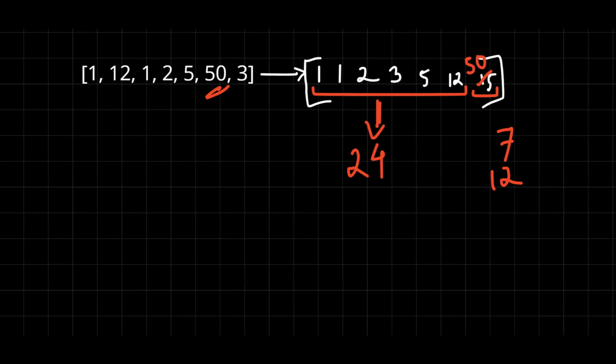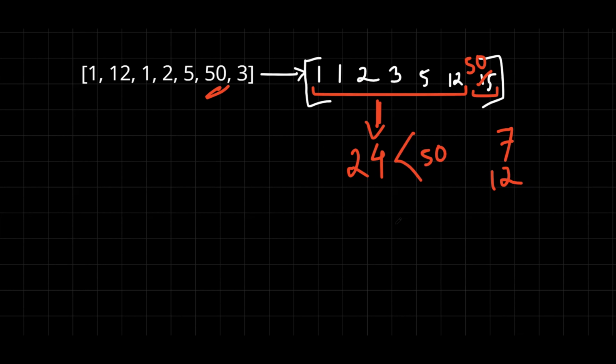Now the largest side will be 50 and the summation of all other sides will be 24. So the largest side is greater than the summation of all of the other sides, and we cannot make a polygon by using these 7 sides.